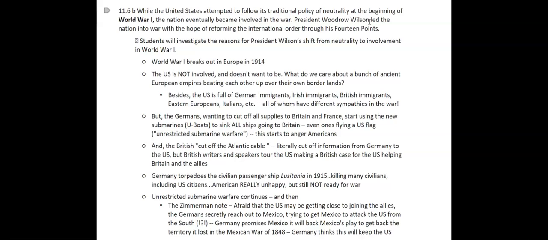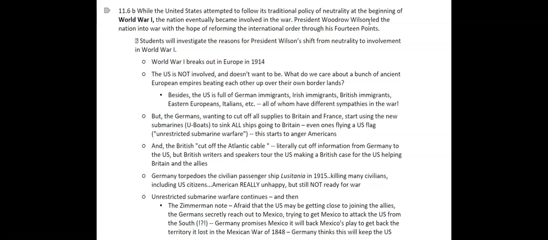At the same time, the British cut off the Atlantic cable. So remember, you don't have really effective radio across the Atlantic yet. So how do you get information from, say, Germany? Well, they cable it, right? You have these underwater Morse code cables, beginnings of telephone cables. The British literally cut off that cable from Germany.